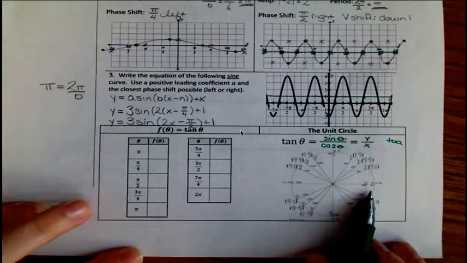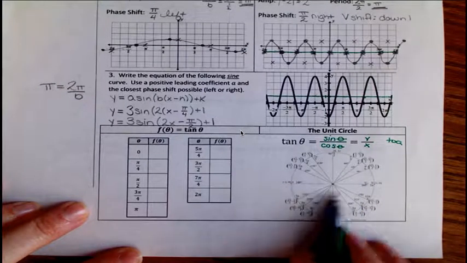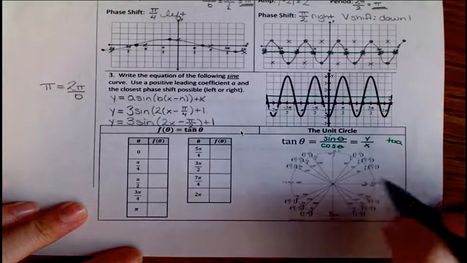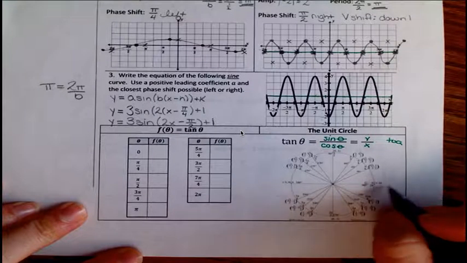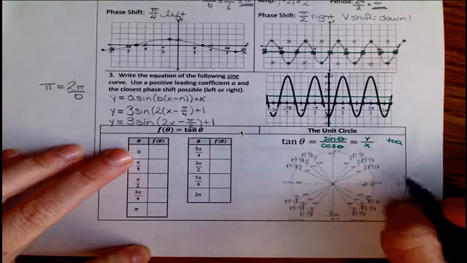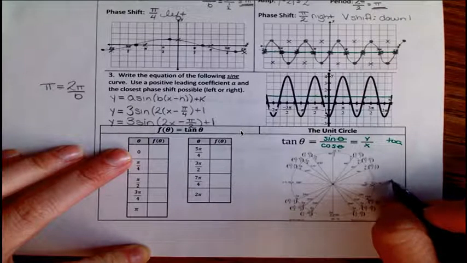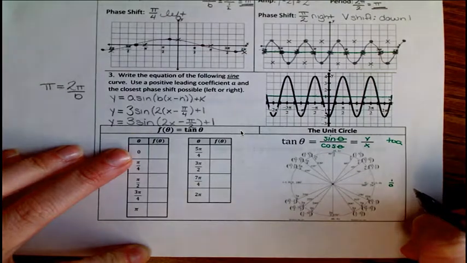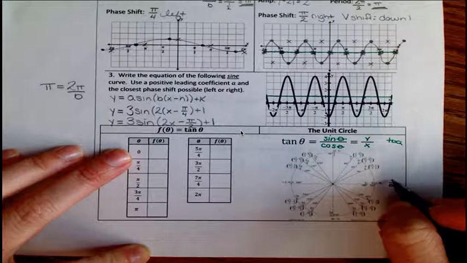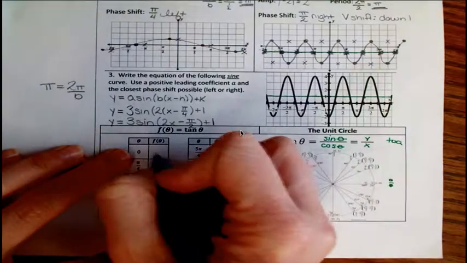So let's look at some really key values. And I know this is really small, I'm real sorry. Hopefully you can read it on your own paper here. Well, right here at 0, our y value is 0 divided by 1, which gives you 0.